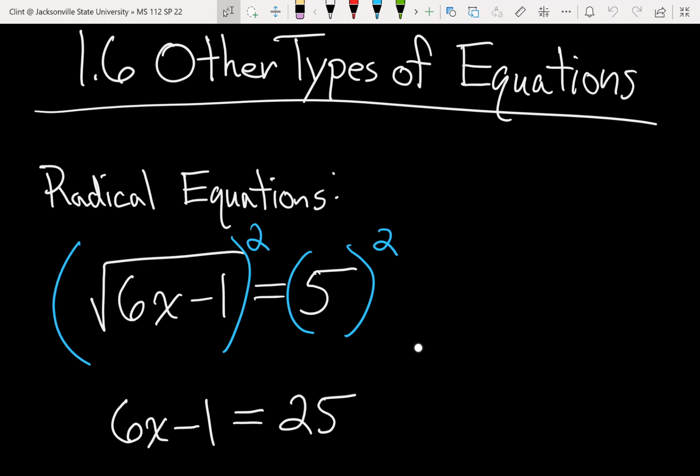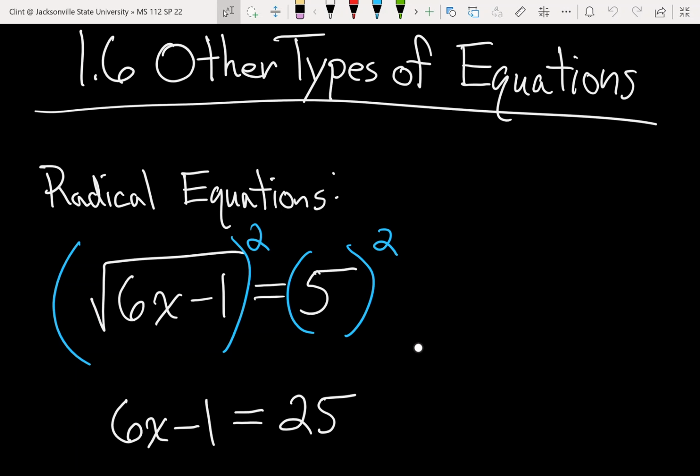So in 1.6, we've got 3 different types of equations that we're going to deal with. We spent a long time talking about quadratics, and now we're looking at some other types of equations we want to be able to solve. The one we've looked at so far is radical equations. So we have a variable underneath the square root, and really any index radical.